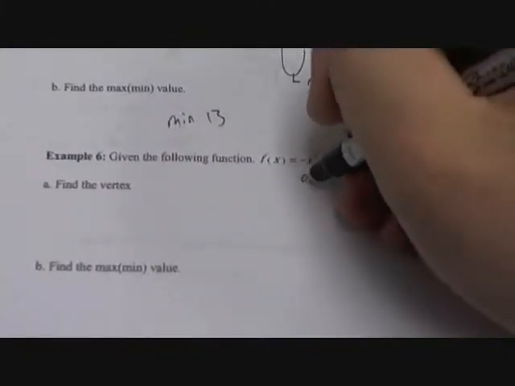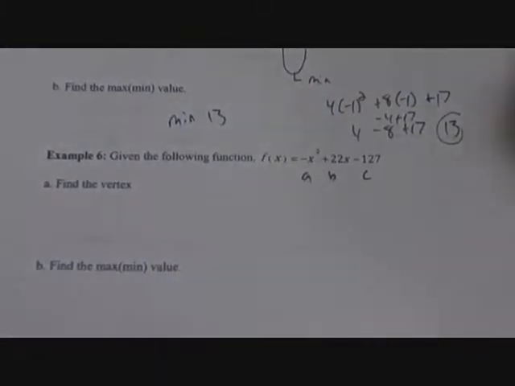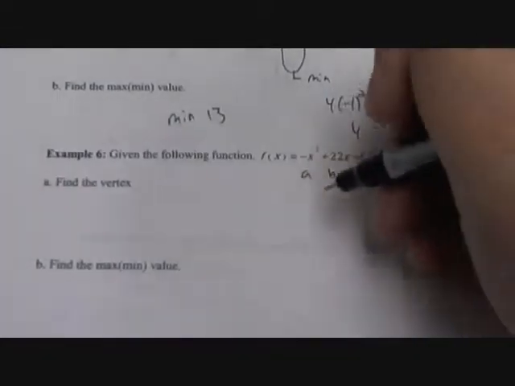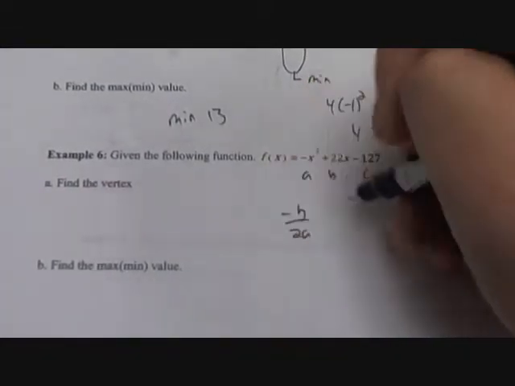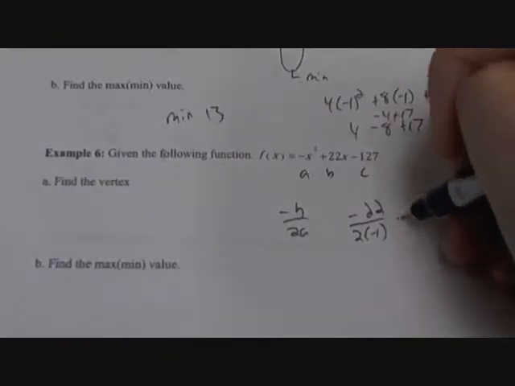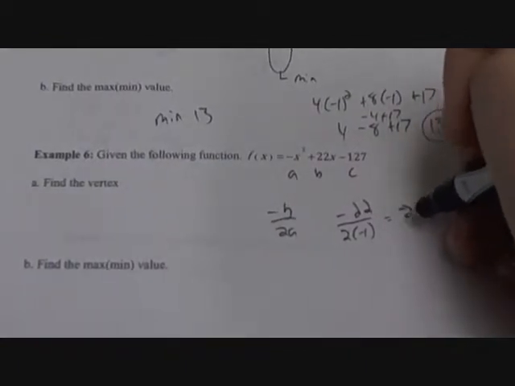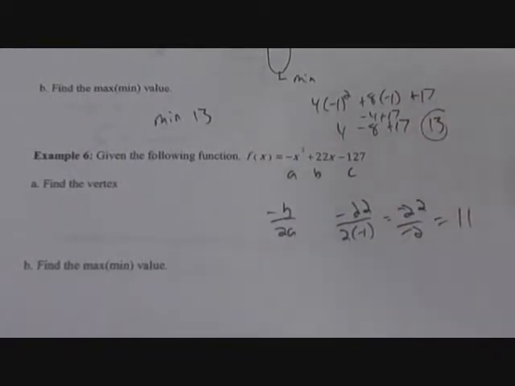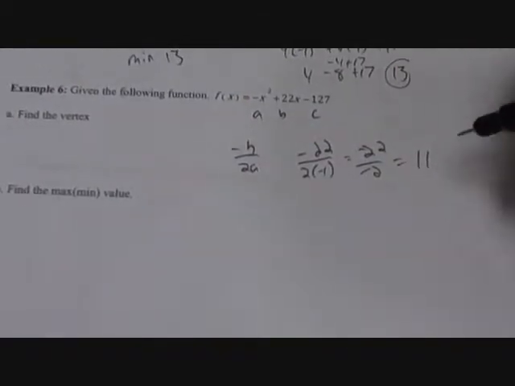It's the same thing for number 6. That's your a, that's your b, and that's your c. Again, negative b over 2a. So it's negative 22 divided by 2 times negative 1, negative 22 over negative 2, which gives you 11. So our vertex is 11.